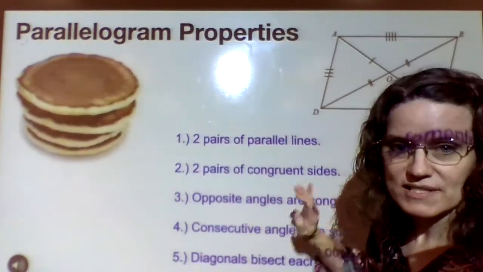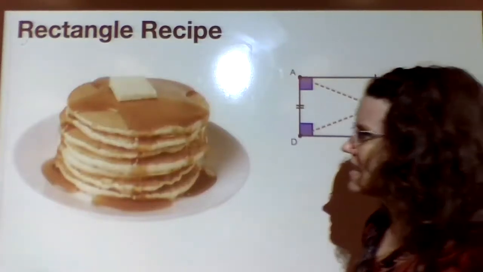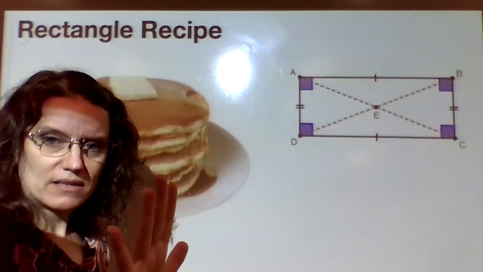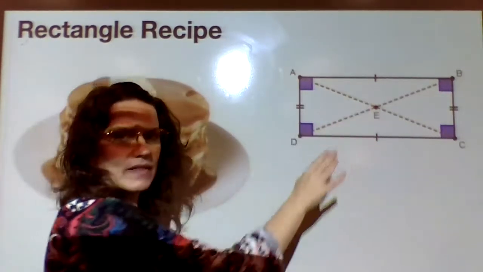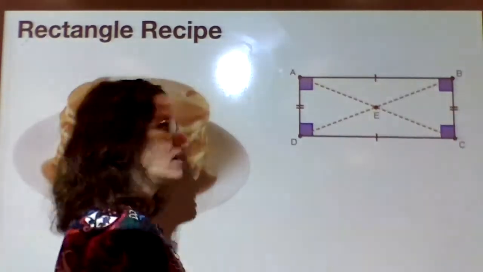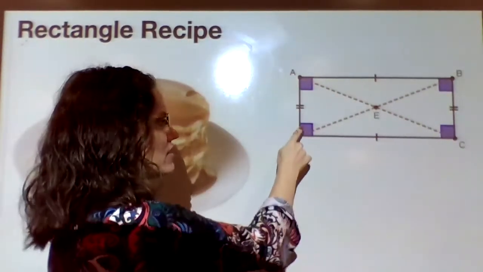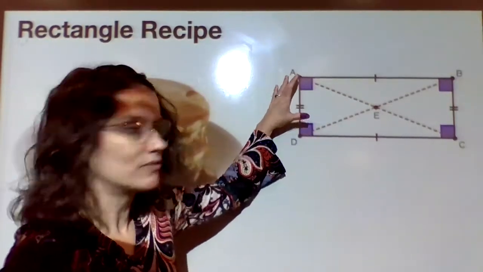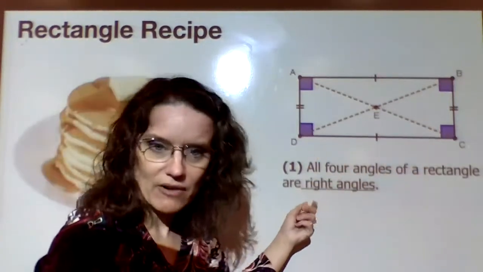That's your plain old stack. Everything is always included. We come to rectangles now, and rectangles have all those 5 properties plus some additional properties. So we are still parallel on our opposite sides. We still have congruent opposites, but we also have congruent adjacent angles now, because a rectangle, of course, is a right-angled parallelogram.